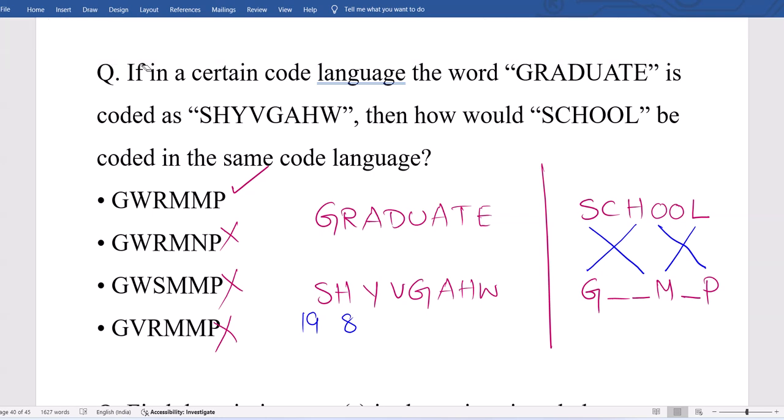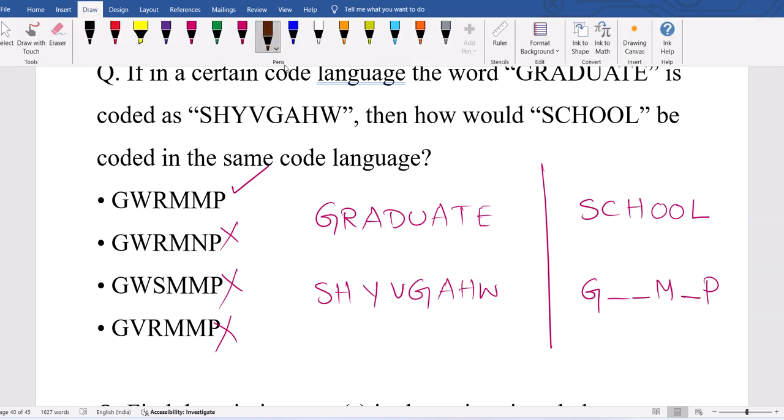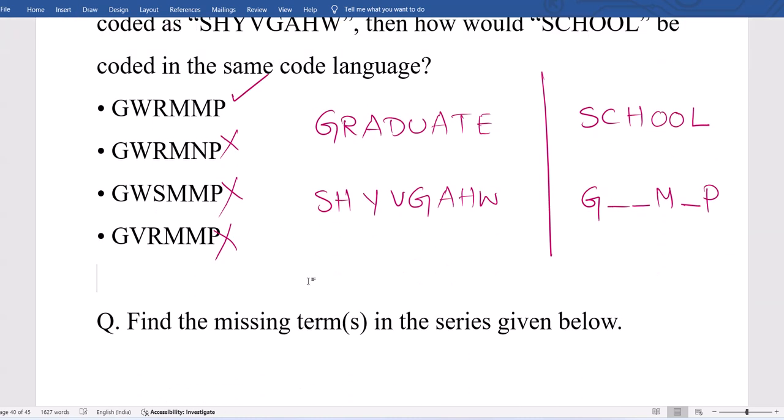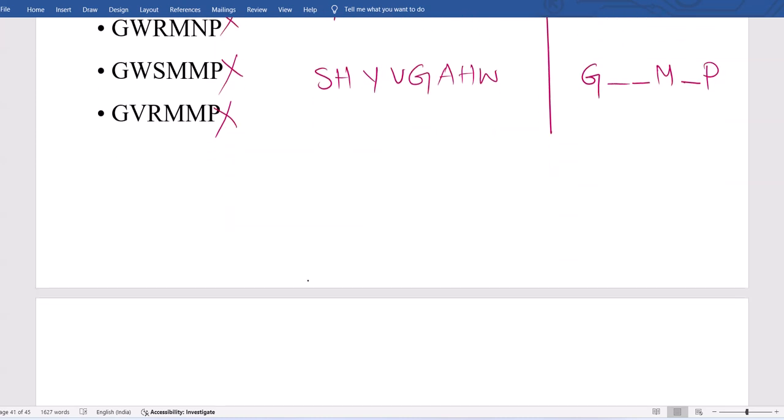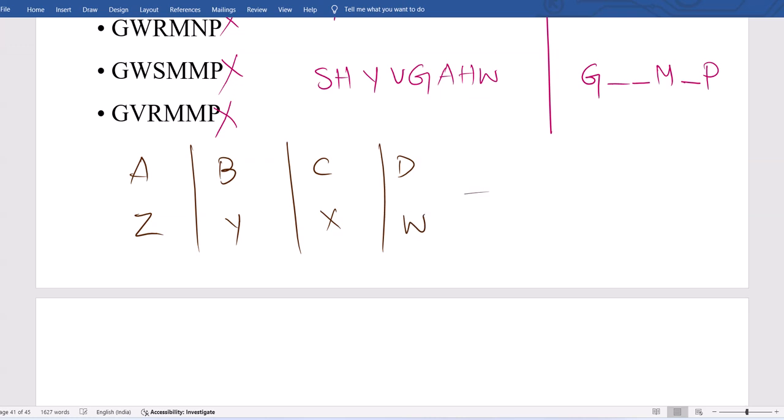Listen, guys, if you go for opposite pairs, there is a lot you can learn from this question now. Opposite pairs, listen: A and Z are an opposite pair, B and Y are an opposite pair, C and X are an opposite pair, D and W opposite pairs like that, M and N.